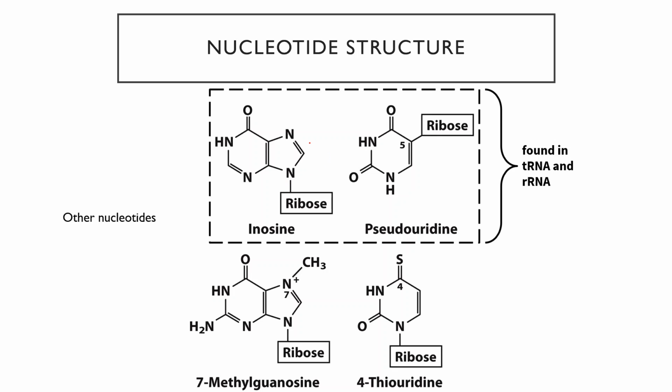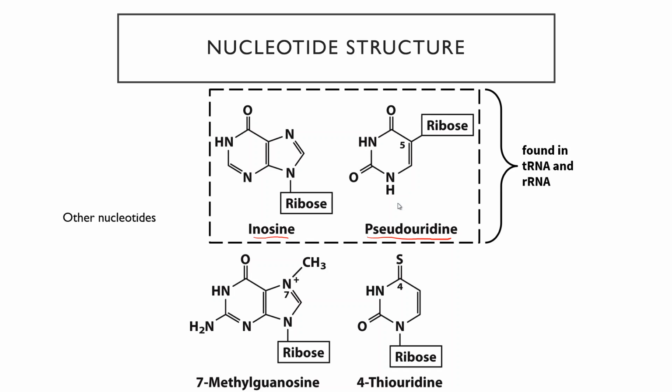So these two molecules, inosine and pseudouridine: inosine is a slightly modified form of adenosine with basically a carbonyl oxygen instead of an amino group up here, and then pseudouridine is a form of uridine where the ribose is attached to the number 5 carbon instead of this number 1 nitrogen down here.